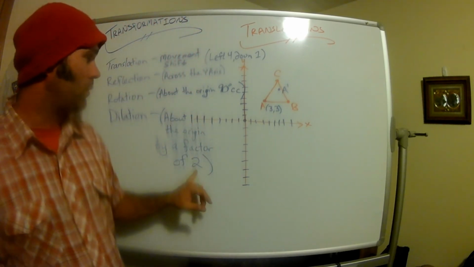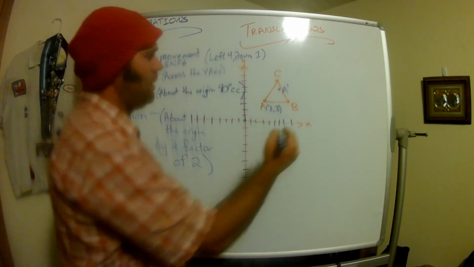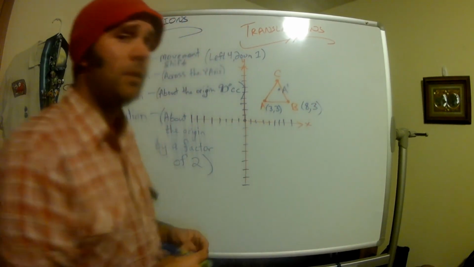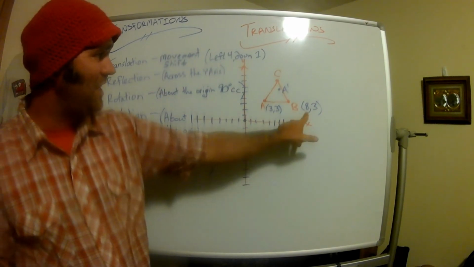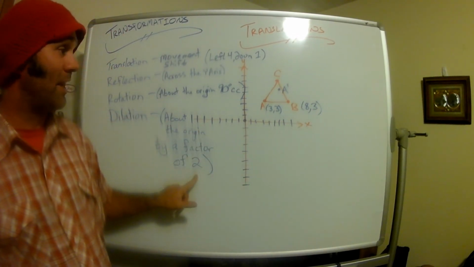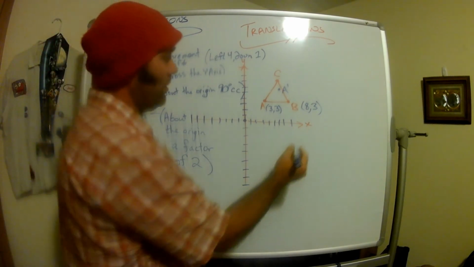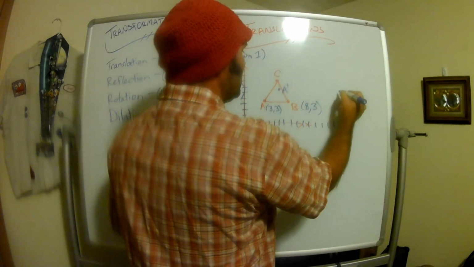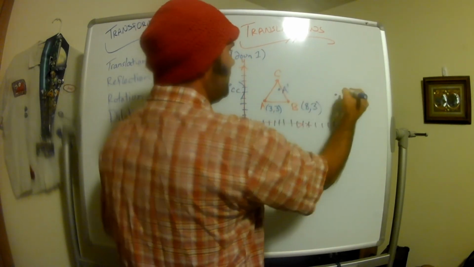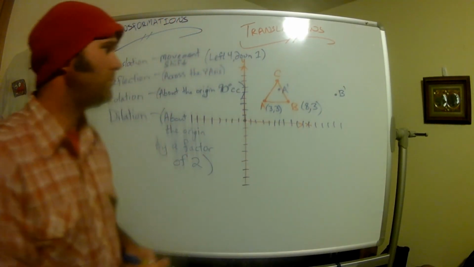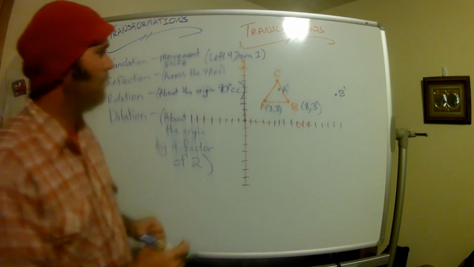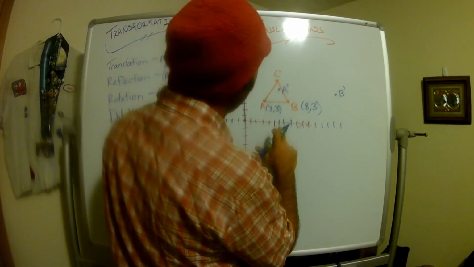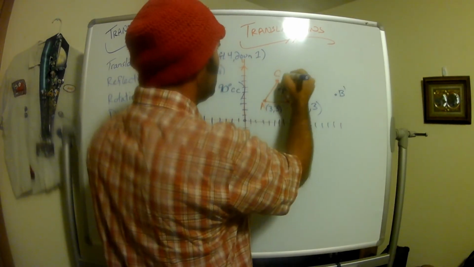We just multiply by 2. B was (8, 3). So 8 times 2 is 16, and 3 times 2 is 6. (16, 6). So 9, 10, 11, 12, 13, 14, 15, 16, and 6. Same height as A, B prime. And then C was, I think we already decided, 1, 2, 3, 4, 5, 6, 7.